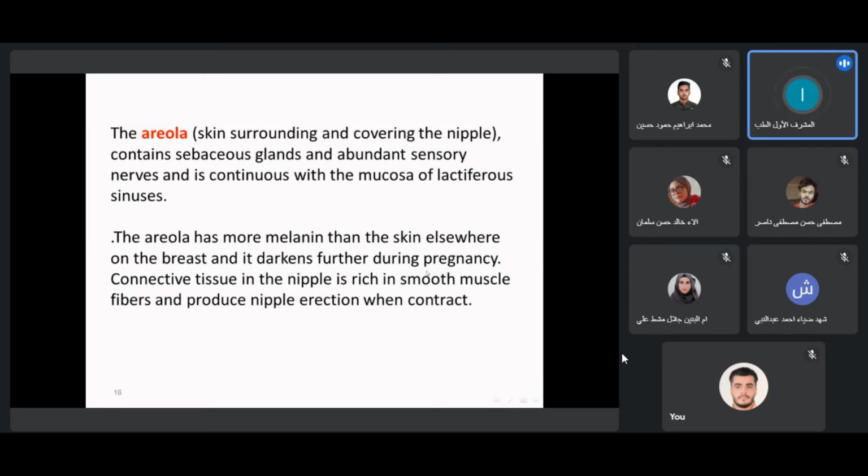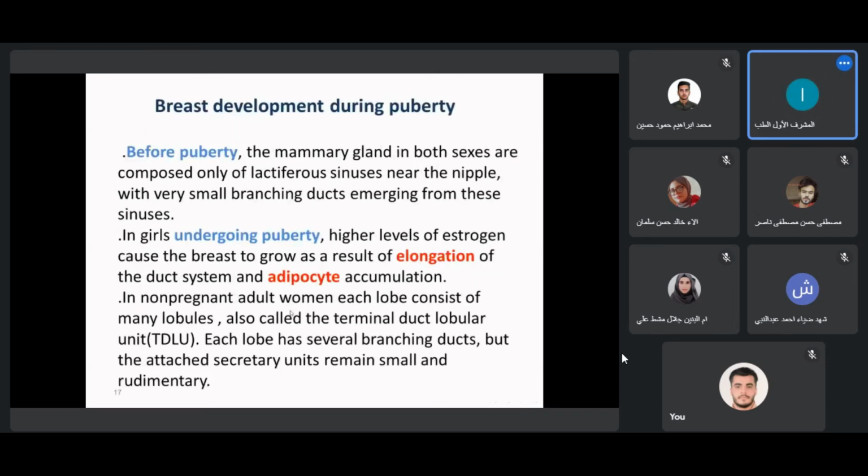The estrogen hormone that increases during pregnancy will stimulate the melanin production in the areola, therefore its color becomes darker during pregnancy. The connective tissue in the nipple also is rich in smooth muscles, and this will produce nipple erection during contraction. This helps during the process of lactation.